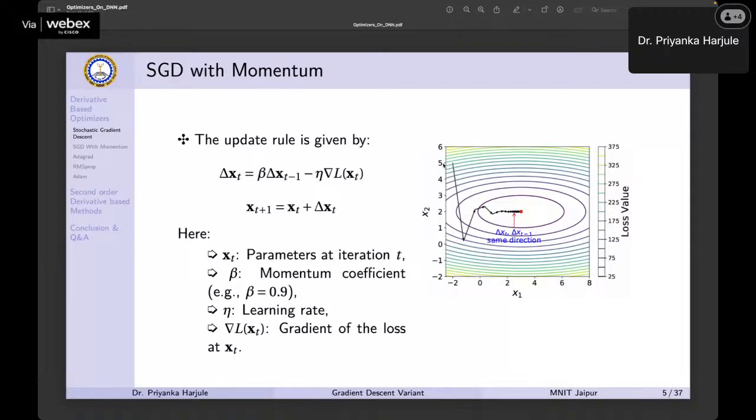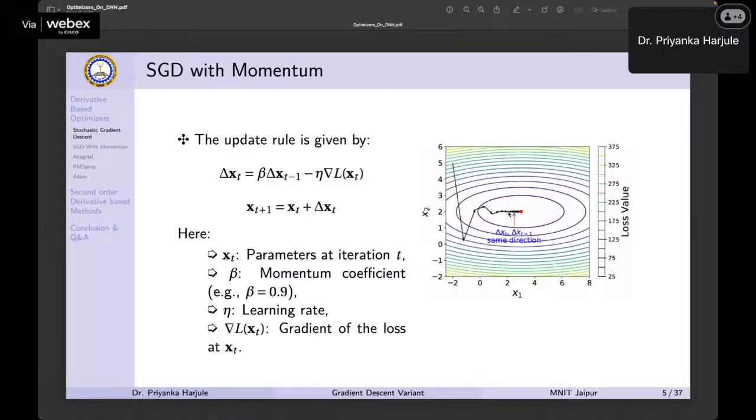See what is happening: momentum is building up with every iteration, and it is avoiding the zigzag. In the starting you had quite an oscillation, and then the oscillations die out because of the momentum.